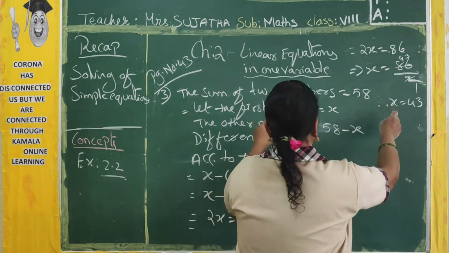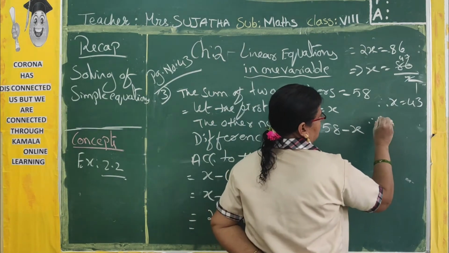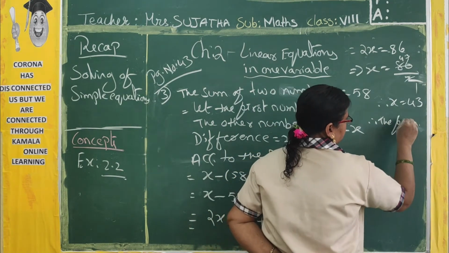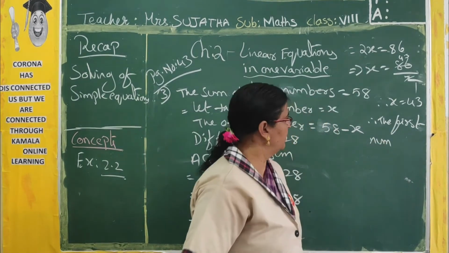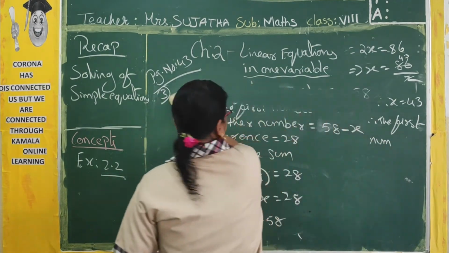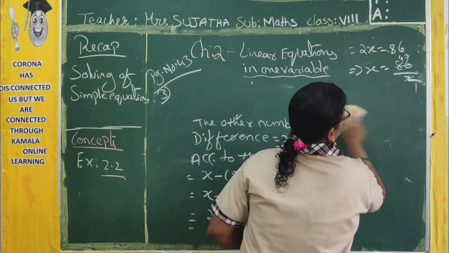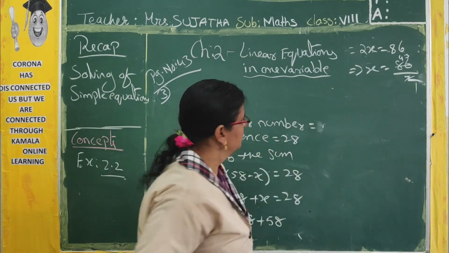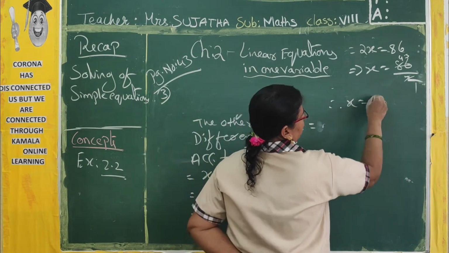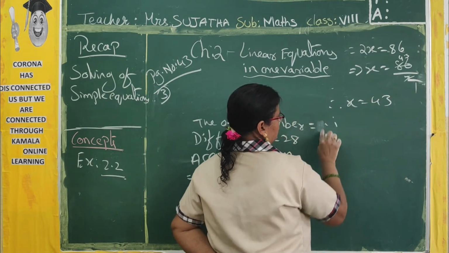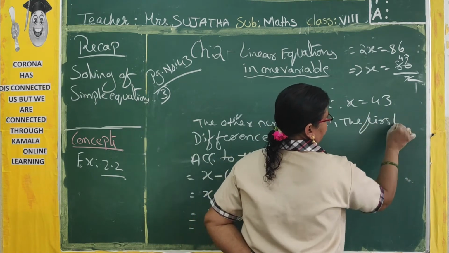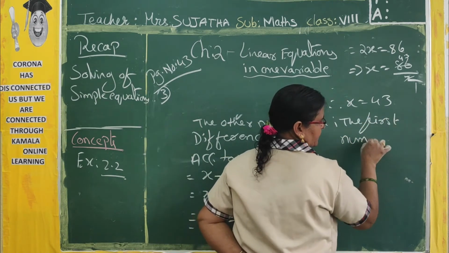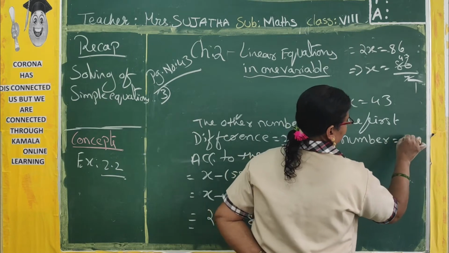Therefore, what is x? The first number. Therefore, x is equal to 43. Therefore, the first number is equal to 43.